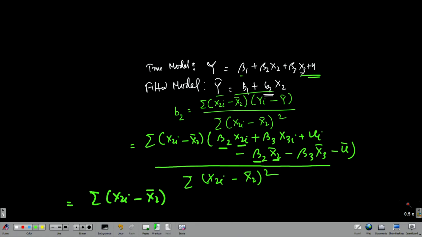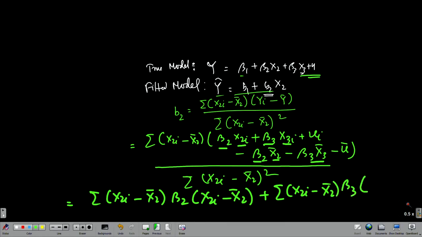So, I can take this beta 2 out and have x2i minus x2 bar, and then I will have another term, that is beta 3, for x3i and x3 bar. If I take this, that will be x2i minus x2 bar into beta 3, and then I have x3i minus x3 bar.